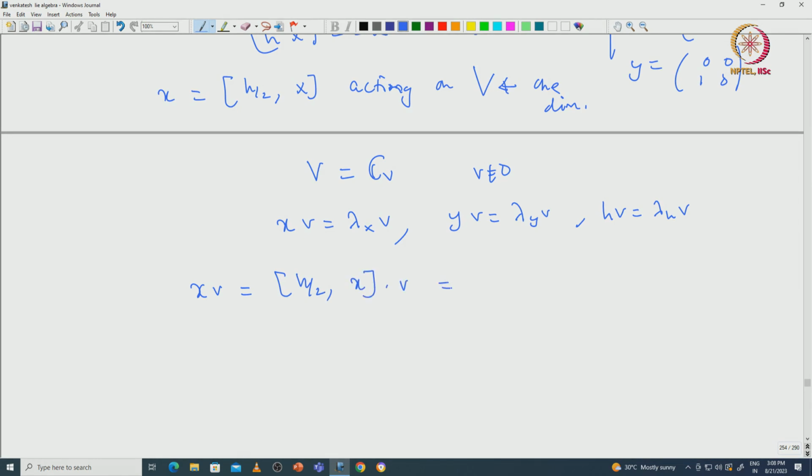If you write it very explicitly, this is h/2 x minus x h/2 acting on v.